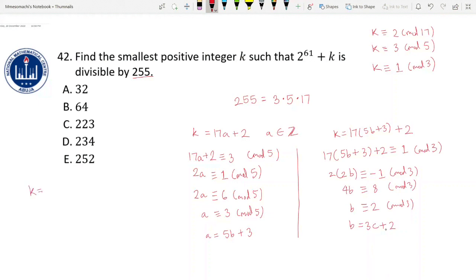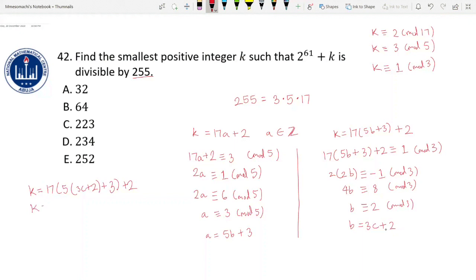So k is equal to 17 into 5 into 3c plus 2, plus 3, plus 2. So for integer c, this is what k satisfies. And we can begin to open up the bracket.